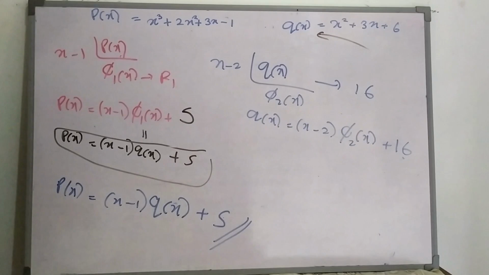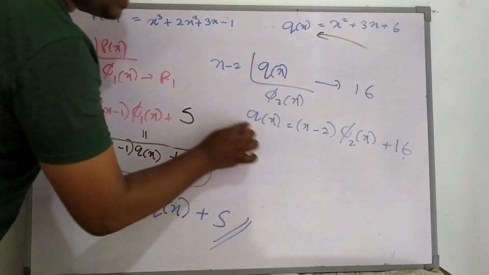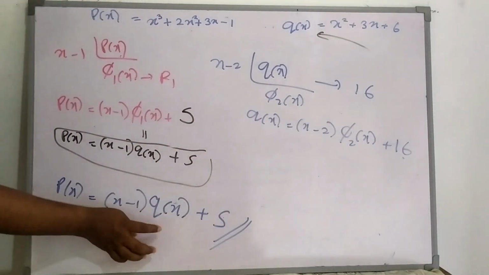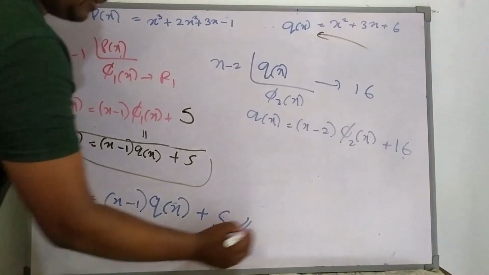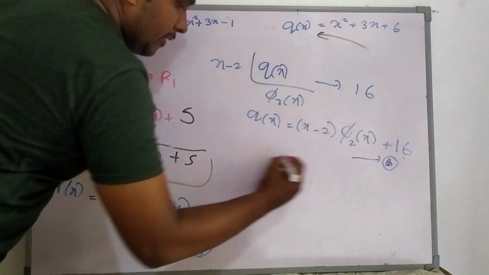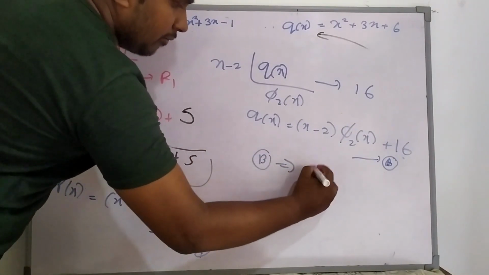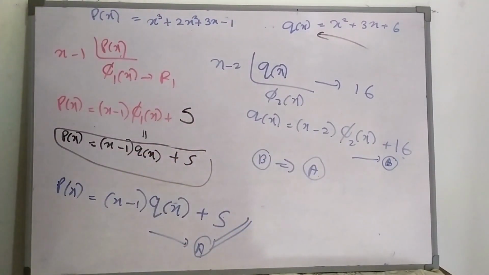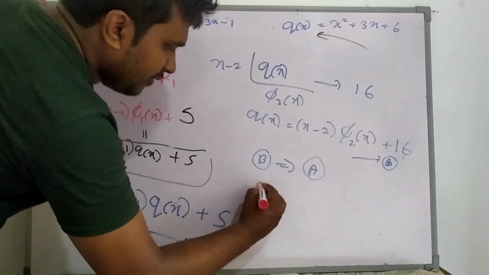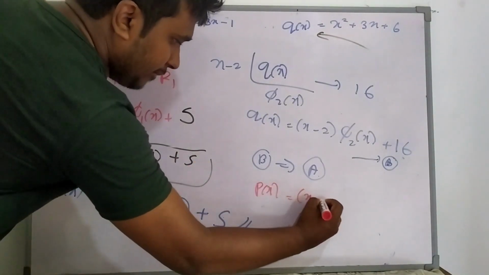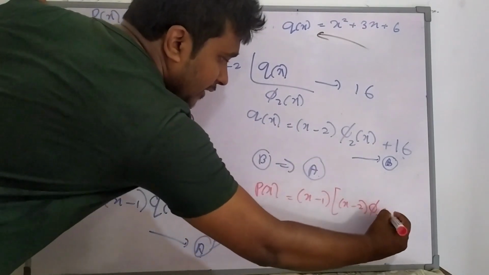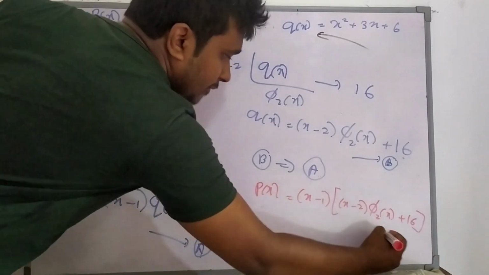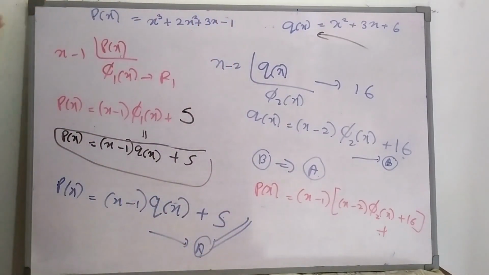So what I am going to do is substitute this Q(x) over here. I am putting capital A, capital B, substituting to the capital A. Then P(x) will be (x minus 1) times Q(x), which is (x minus 2) psi 2(x) plus 16, plus 5.